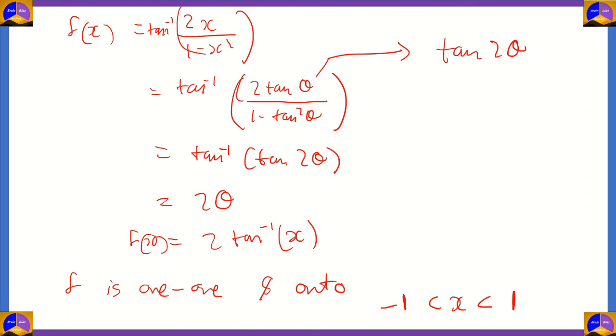So that will be the domain of the function. Now what we can do is we can apply 2 tan inverse on all of these sides. So therefore what you get is 2 tan inverse of minus 1 less than 2 tan inverse x less than 2 tan inverse 1.